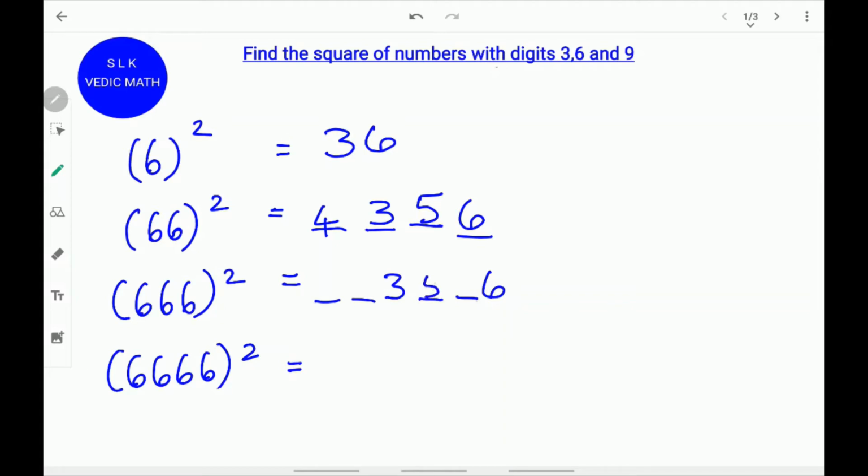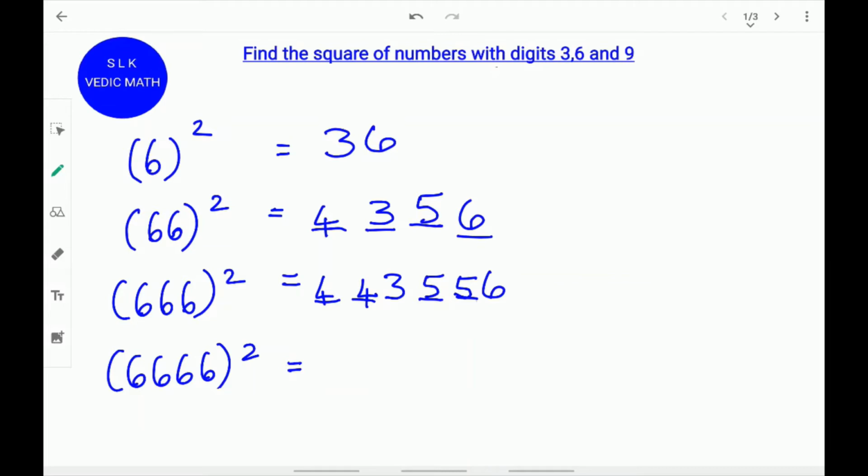Write 5 2 times. 1 more than 3 is 4. Write 4 2 times. So 666 square is 443556.